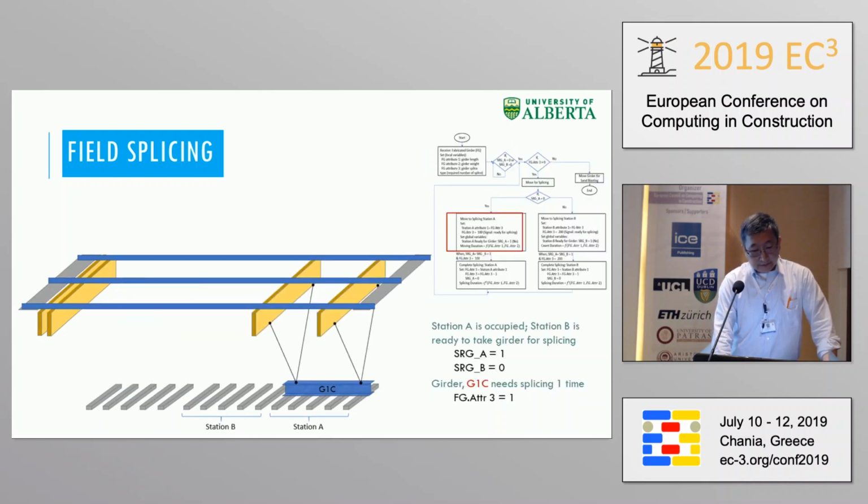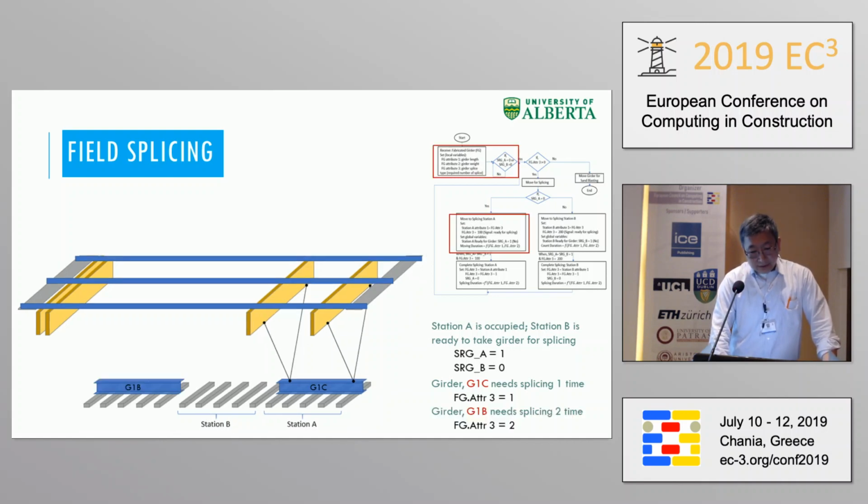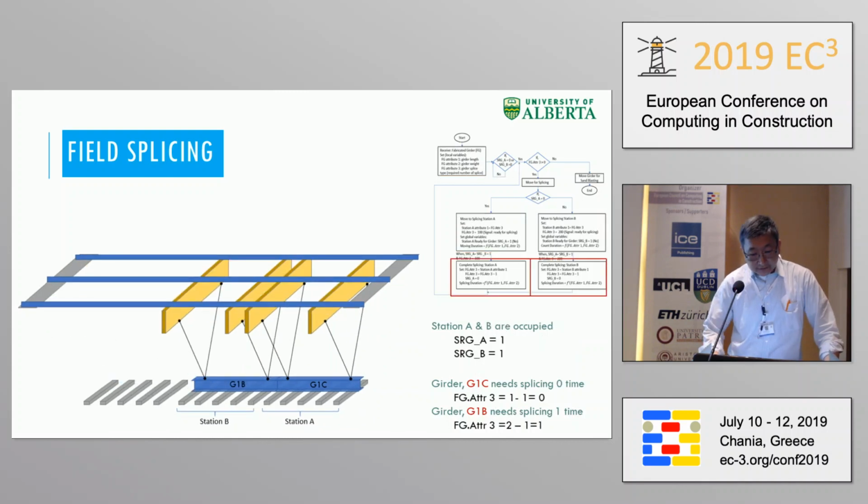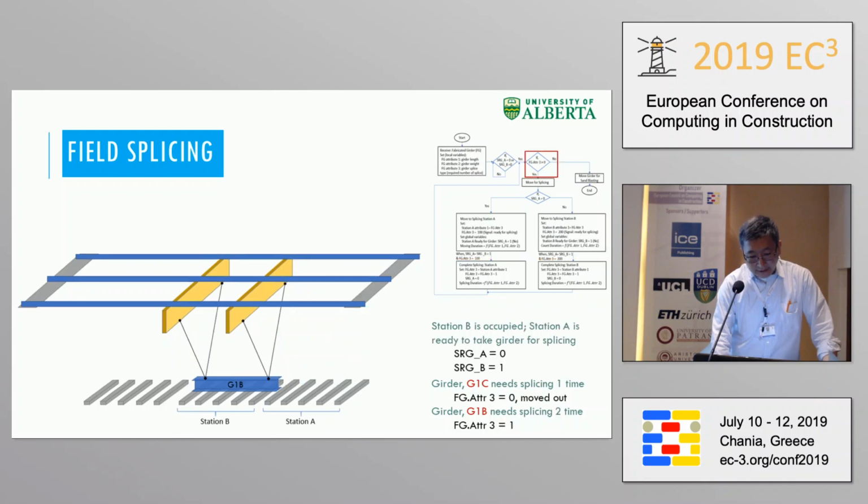Some girders need to be spliced just on one end, and will be placed in the shop, taking space and waiting for the adjacent girder to be ready. Then they do a trial assembly and make sure all the holes and plates fit.